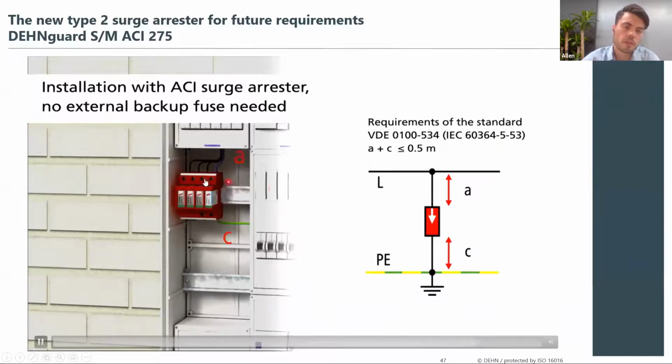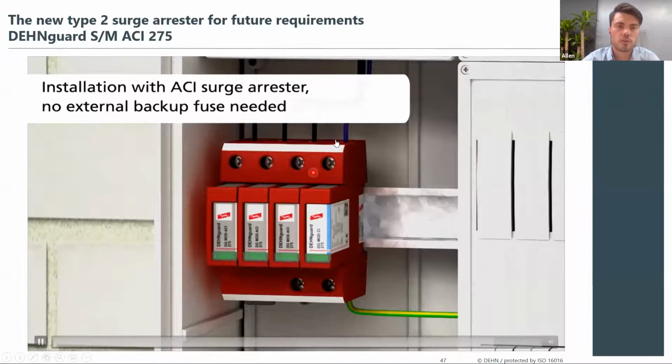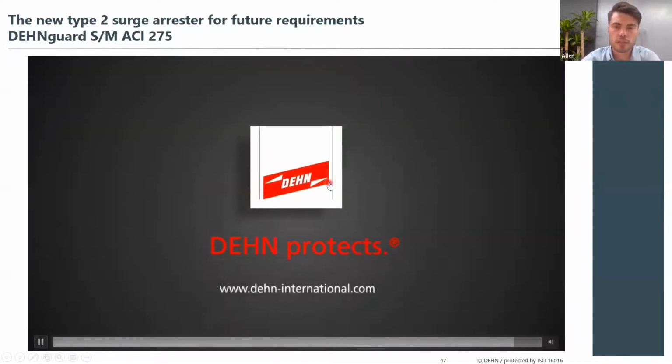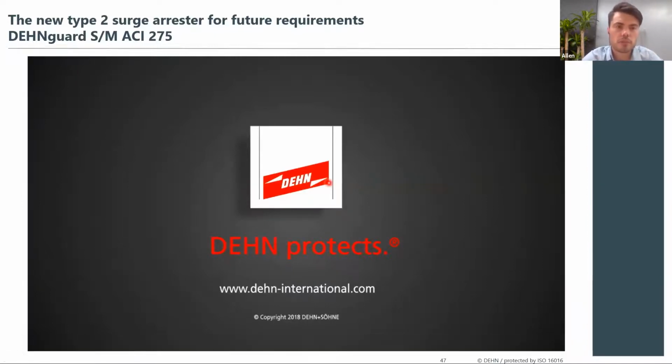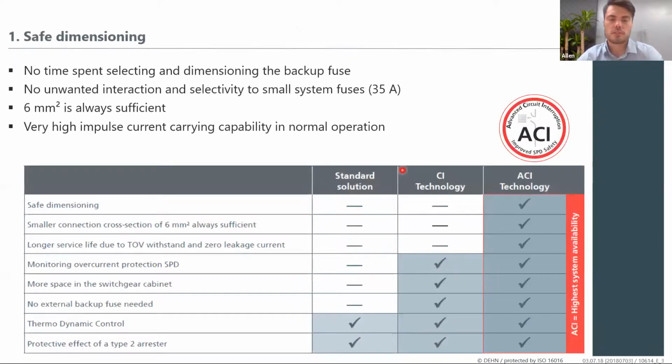Not having to install fuses lowers the amount of cable that is required for this new ACI technology. ACI is currently only available with our type 2 surge protection devices, but from next year, our DEHNguard ACI is going to be released, which is your type 1 surge protection device.